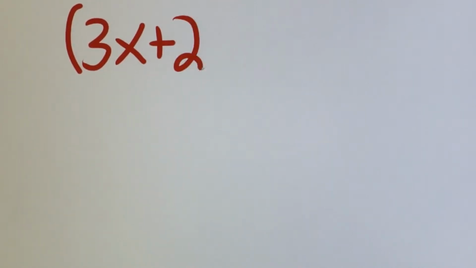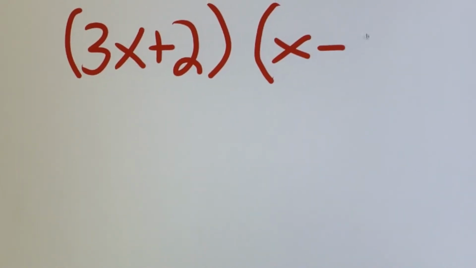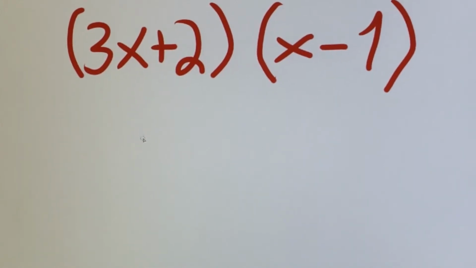Alright, so we are going to have an example of 3x plus 2 and x minus 1. We are now going to use FOIL.